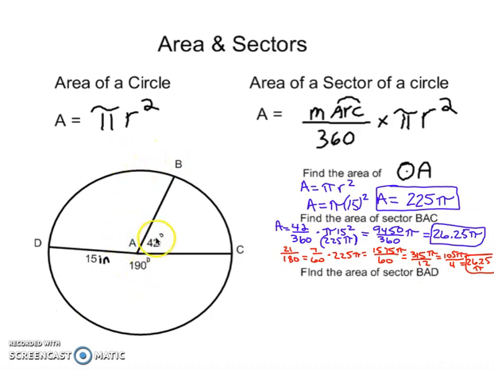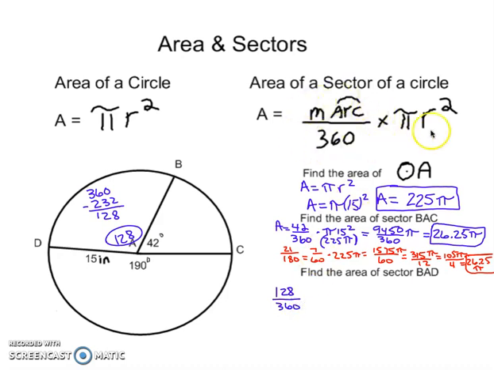And I can see this is 190 and 42, so to do that, we could just take our 360 minus our 232, which is just these two added together, and that's going to leave us with 128. So we know that this is 128. So to find the area of sector BAD, we're just going to take 128 divided by our 360.